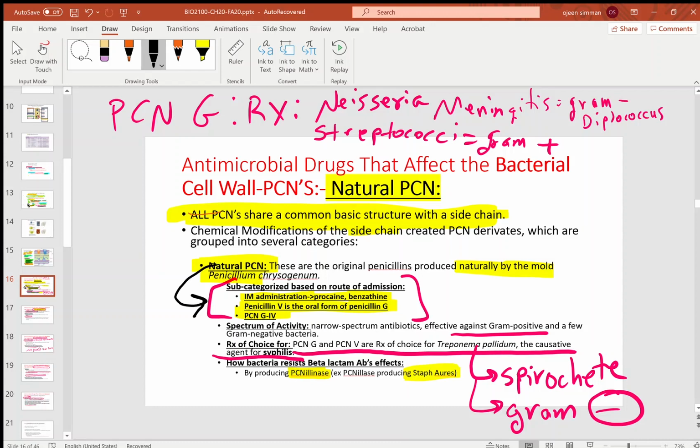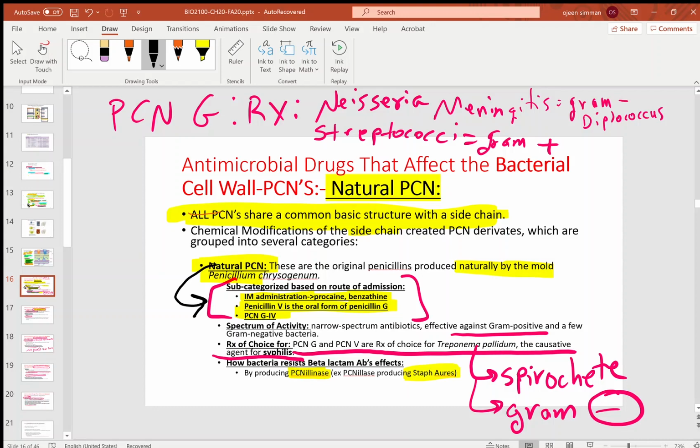For example, intramuscular, abbreviated IM, would be procaine and benzathine. Penicillin V is the oral form of penicillin G, and then penicillin G is the IV route.